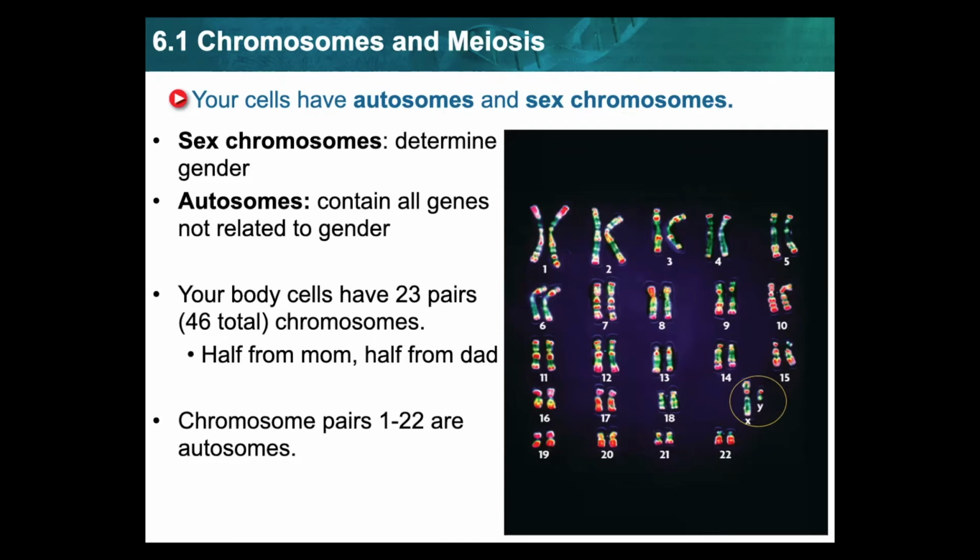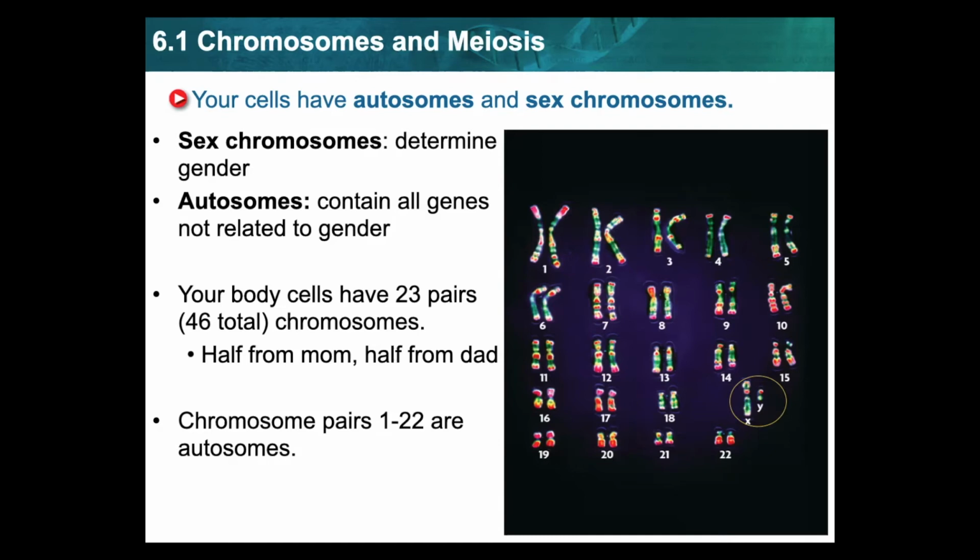And the left-hand one comes from one parent, the right from the other parent. So let's just say that these all come from dad, the left-hand side, then all the right ones come from mom. And so with chromosome number 1, this one came from dad, this one came from mom, and so on, all down the list.